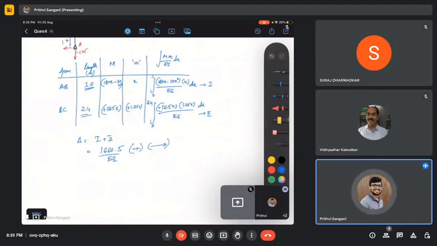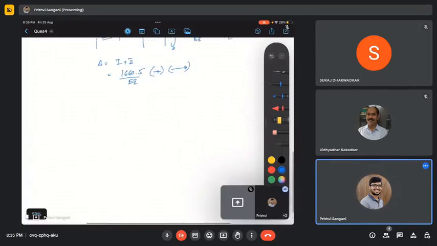So let us solve one more frame question. I have solved it, so searching for it. Similar kind of frame we have. This is a cantilever frame.